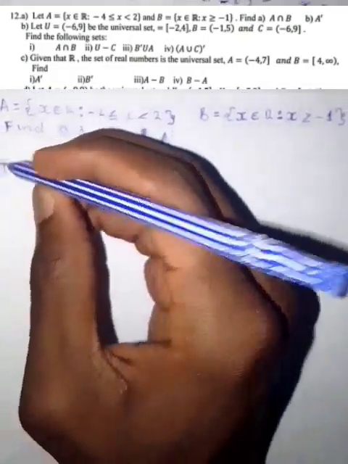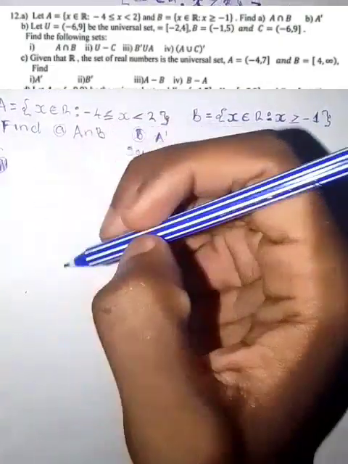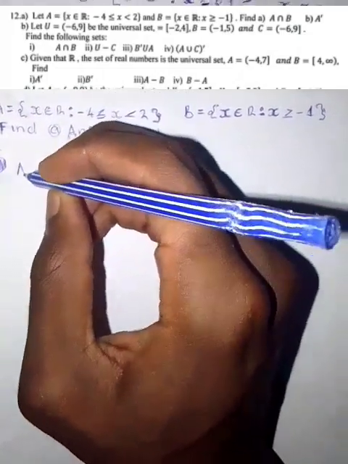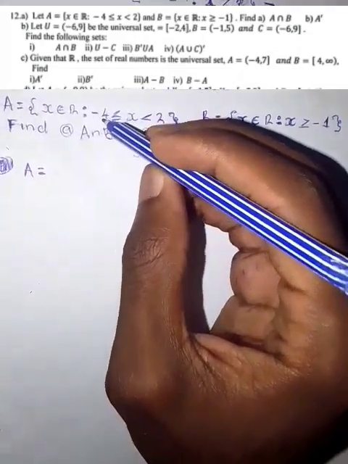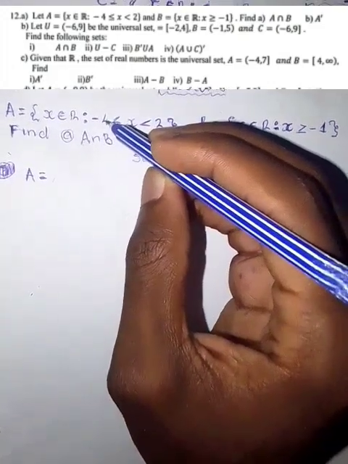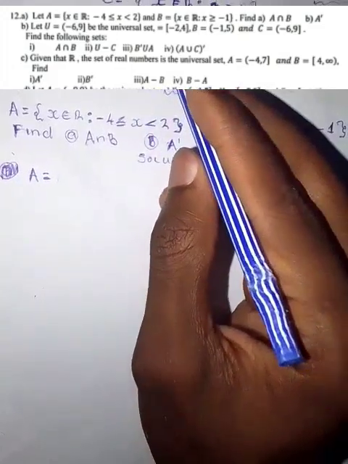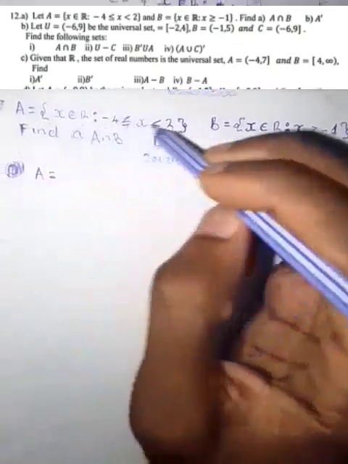Let's begin with A. Just before we even begin, let's convert in advance. So A in interval form: they're simply saying that it is starting from -4, and this time -4 is part of the set.